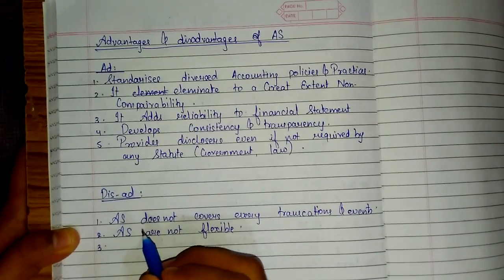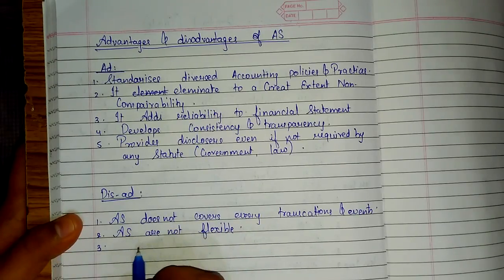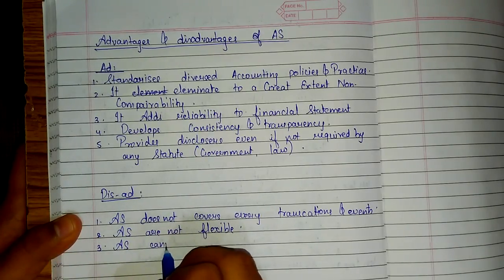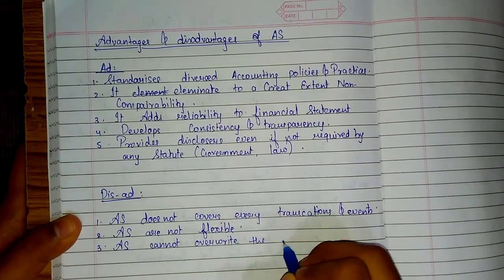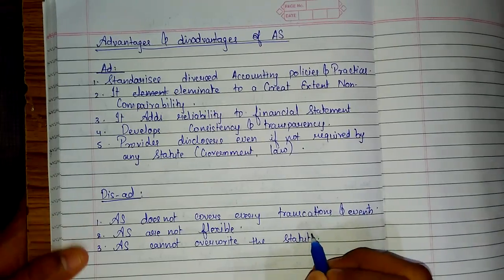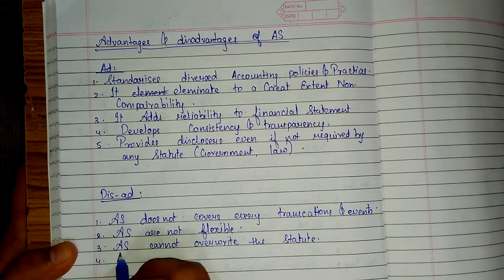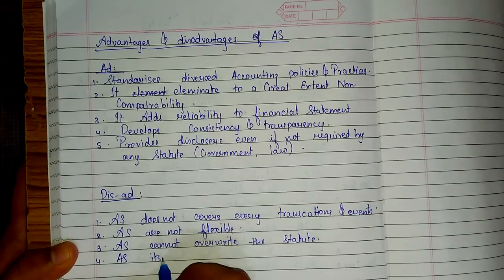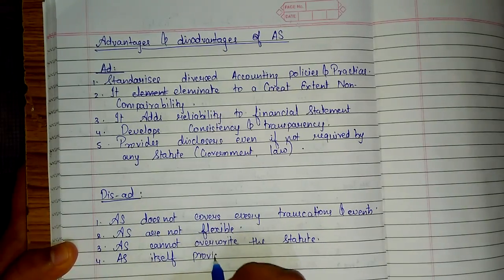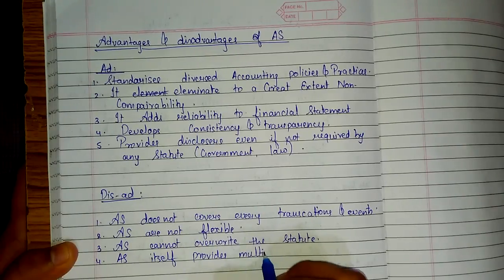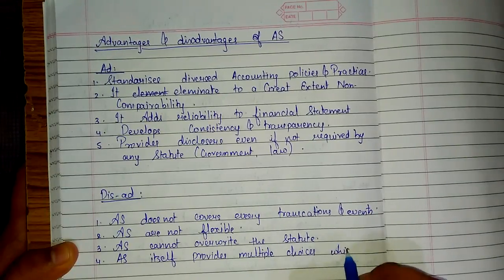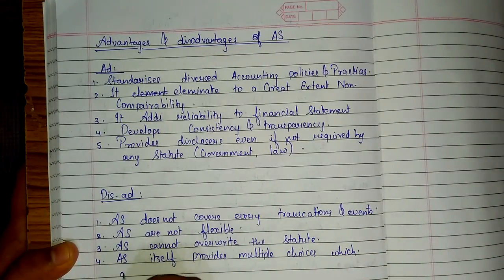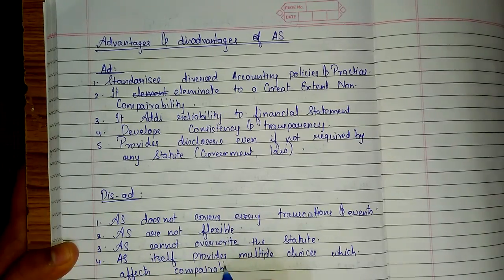Third, accounting standard cannot overwrite the statute. Accounting standard itself provides multiple choices which affect comparability.